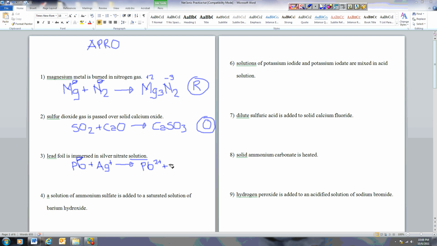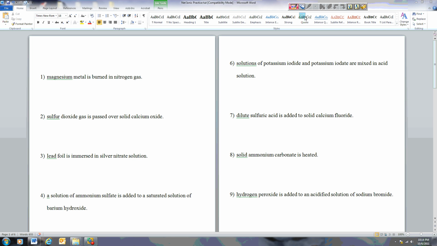And typically you go with the lower possible charge. Now silver, what are the options for silver? It could only become more negative, which means you just become solid silver. So this is redox. You notice we have had 2 redox reactions already. All right, so let's go down and do a couple more.